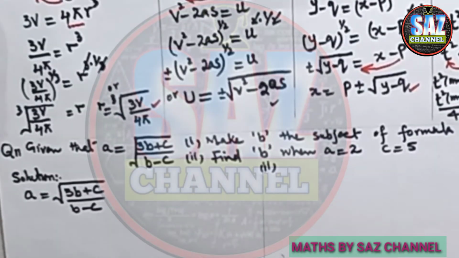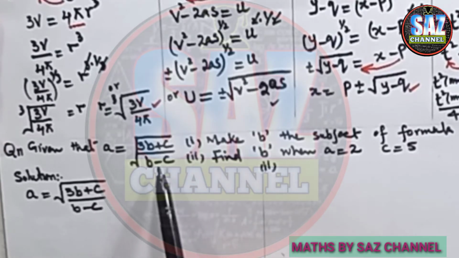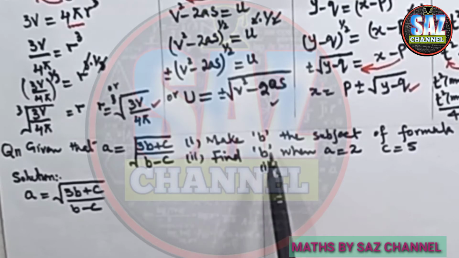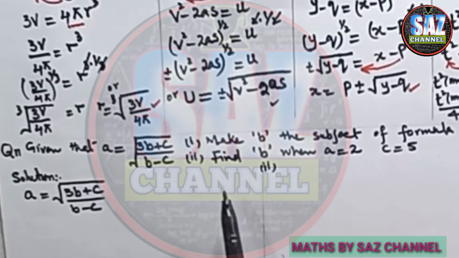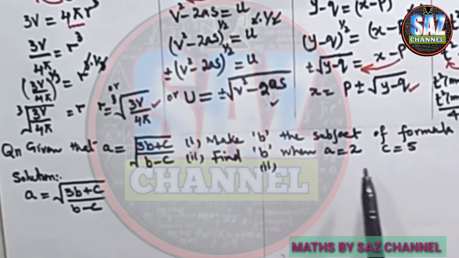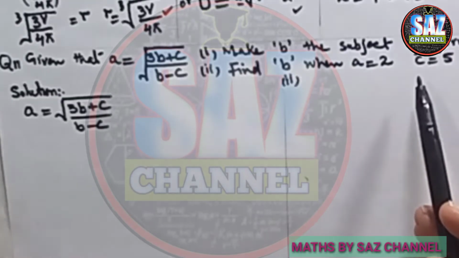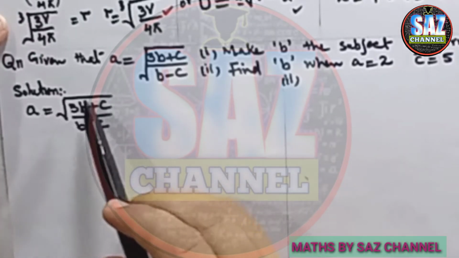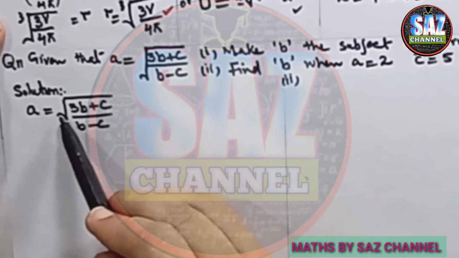Next question says, given that a equals square root of (3b plus c upon b minus c), the first requirement of the question is make b the subject of formula, and the second is find b when a equals 2 and c equals 5. First, make b the subject of formula. In order to do that, we can see that b is under the square root sign.